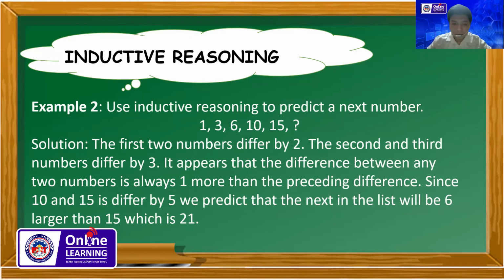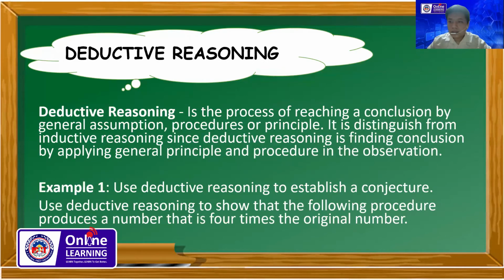Now, how about deductive reasoning? Deductive reasoning is the process of reaching a conclusion from general assumptions, procedures, and principles. It is distinguished from inductive reasoning since deductive reasoning finds a conclusion by applying the general principle and procedure to the observation.